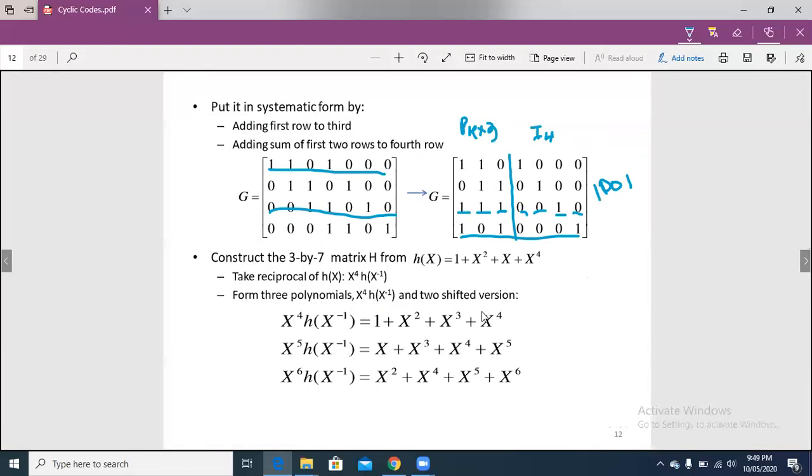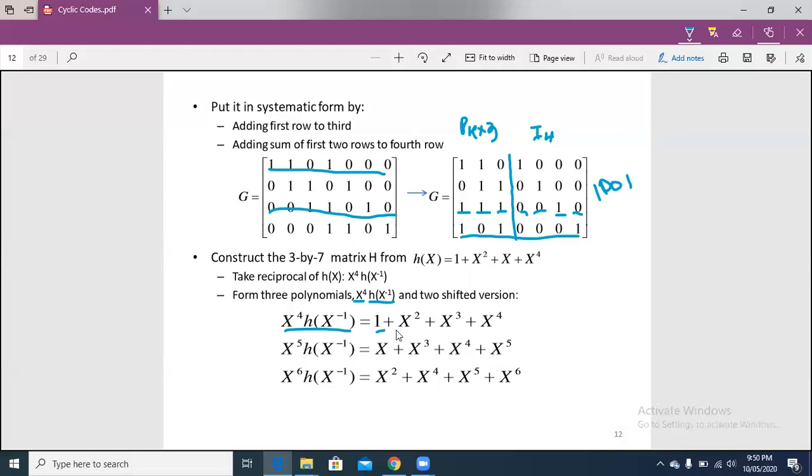So after this, we have the parity check matrix. For the parity check matrix, we take the h of x inverse and multiply it by x4 and have its two shifted versions, because for the parity check matrix we have x4, x5 and x6 shifted versions.